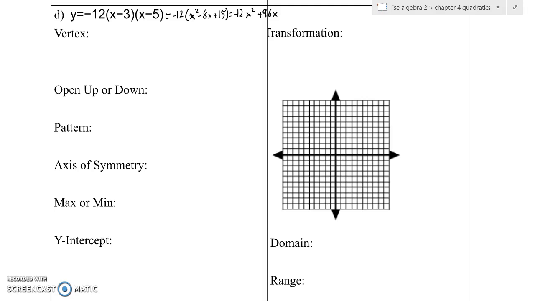10 times 15 is 150. 2 times 15 is 30, so 180. Our vertex.